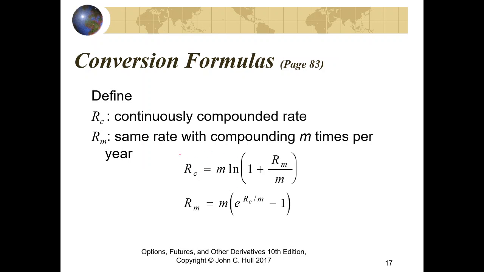What this formula tells us is that the continuously compounded rate in a year, so continuous compounding is always expressed in terms of years, is equal to M, which is the frequency of compounding, times ln of (1 plus Rm, the discrete rate, divided by M).